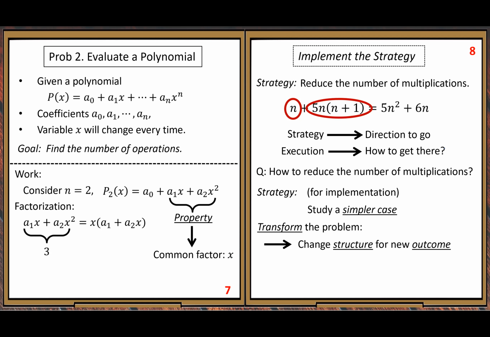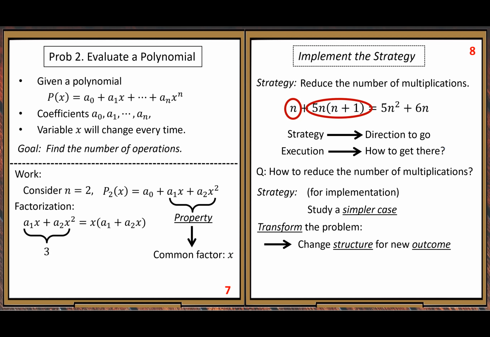Addition we do not count. We only count multiplications. So there is no multiplication inside the parenthesis for the first term. There is 1 multiplication inside the parenthesis, only 1. Another one: x times the parenthesis, the second one.